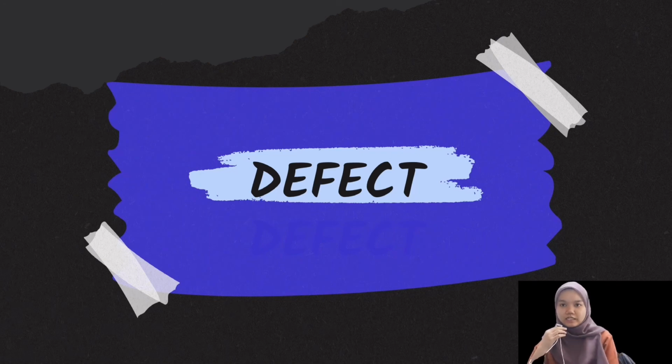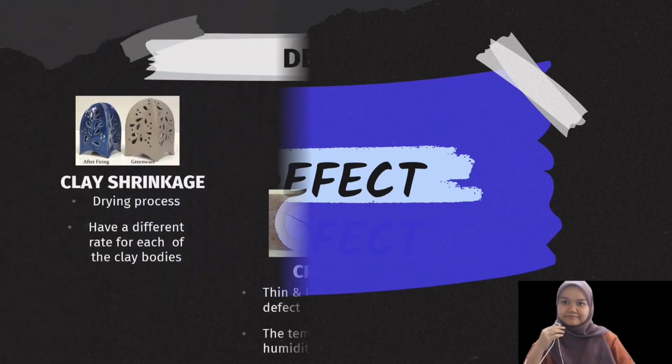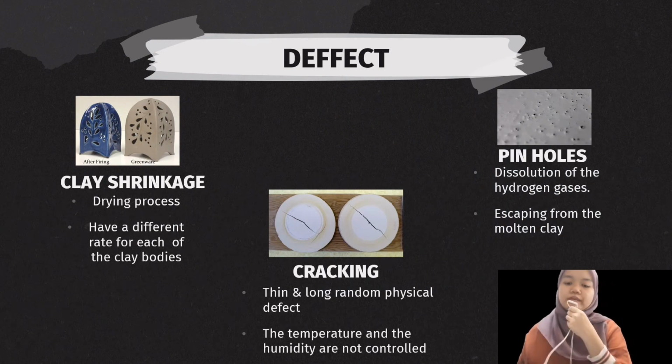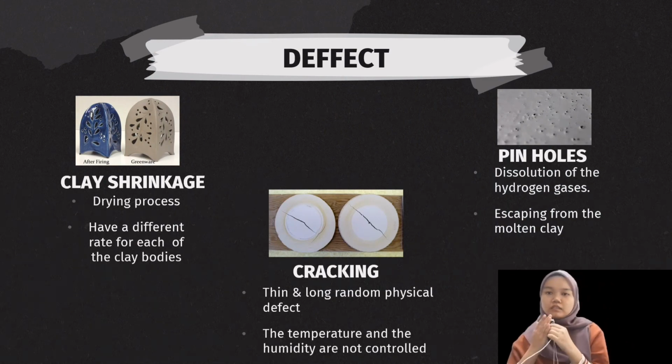So for the last slide, I'm going to present the 3 possible defects that could happen during this ceramic processing. The first defect that could happen during this fabrication based on ceramic processing is clay shrinkage.